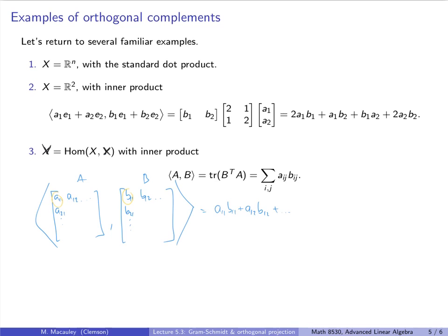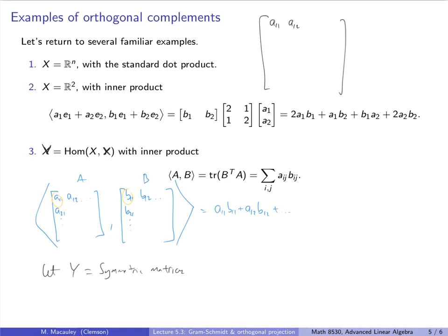I'm having trouble with namings in this example, but now our matrices are square, and I'm going to let y be the subspace of symmetric matrices. So if we think about what that looks like, A11 can be anything.